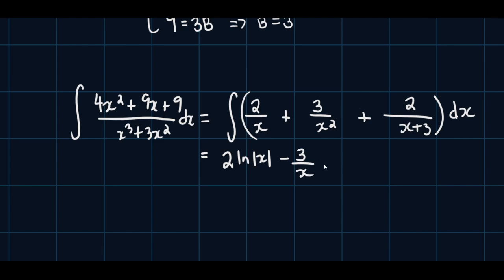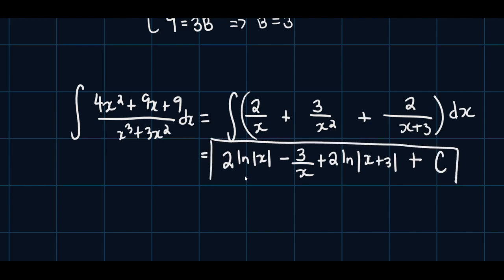And integration by substitution plus 2 ln of x plus 3 plus c. Okay, so this is the discussion, or ito yung technique na pwede natin gamitin sa mga rational functions.